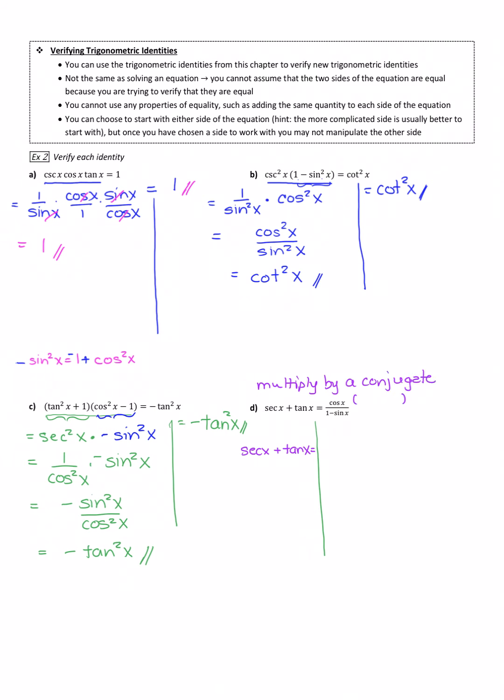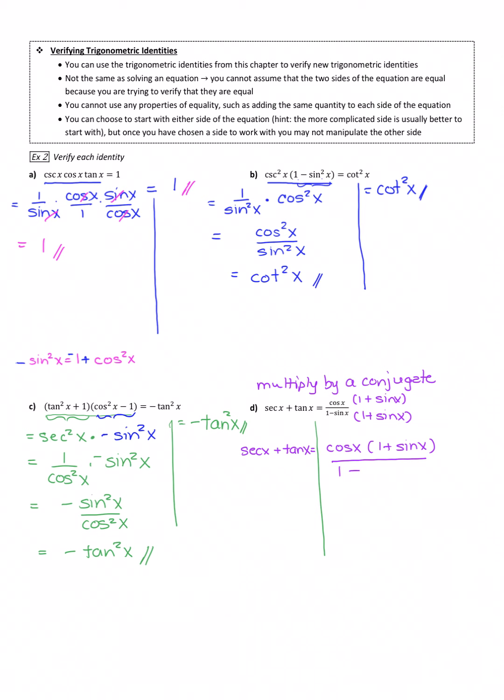So I am going to multiply top and bottom by 1 plus sine x. All right, so what does that give me? Well, the numerator I am not going to distribute, and you'll see why in a minute. I almost never distribute that. The denominator, again, you get conjugates. When you multiply conjugates, you get a difference of squares.